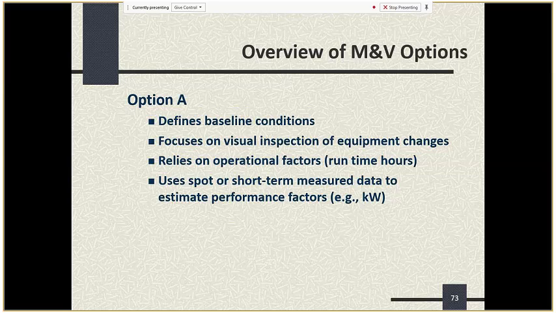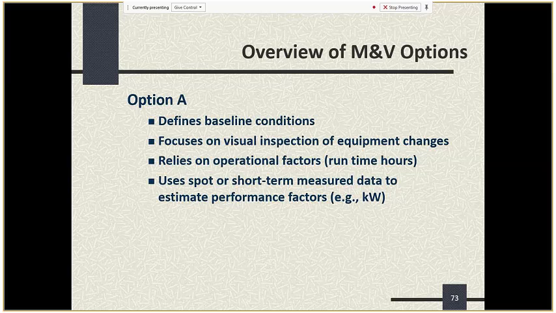There was some requirement to check it out and make some minor repair or adjustment. So that can be, I'll call it, a supplement to option A, where you're effectively checking: the equipment works when we put it in, now we're just monitoring it to make sure things are still working.